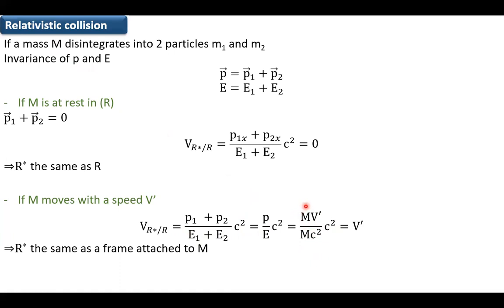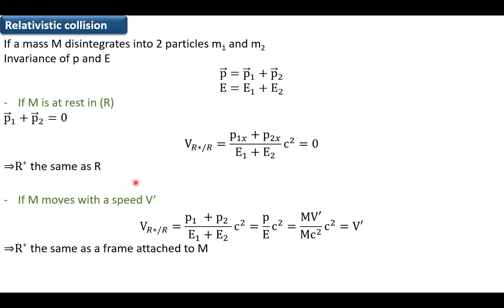You can remove the M and the c squared, so the speed is V prime. In this case, R star is the same as a frame attached to M. It's not the same as R.